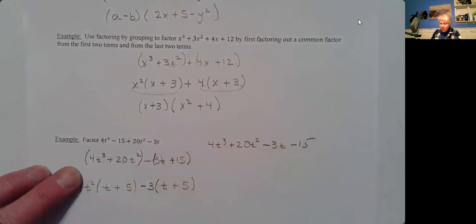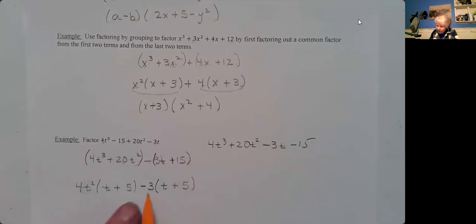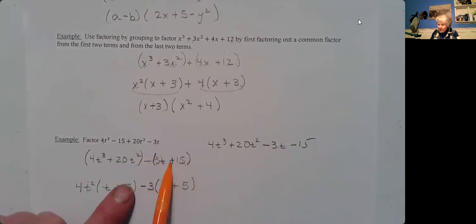Okay, that was the original before I put the parentheses in and changed it. So if I multiply this, I get a -3t. And if I multiply this, I get a -15. Okay. So here, when you put that parentheses in and you take out a 3, you change that sign. The sign will change.